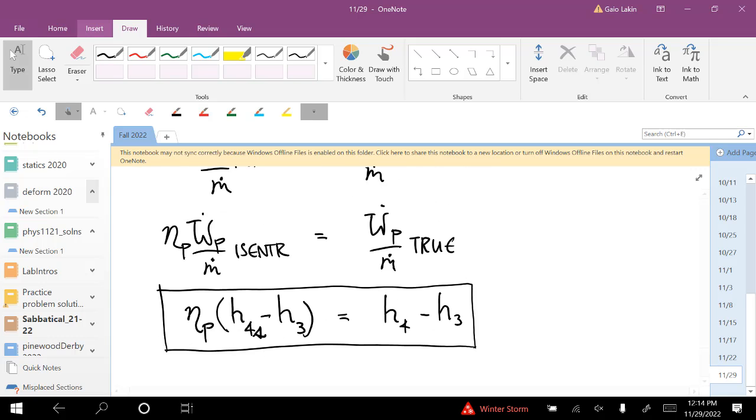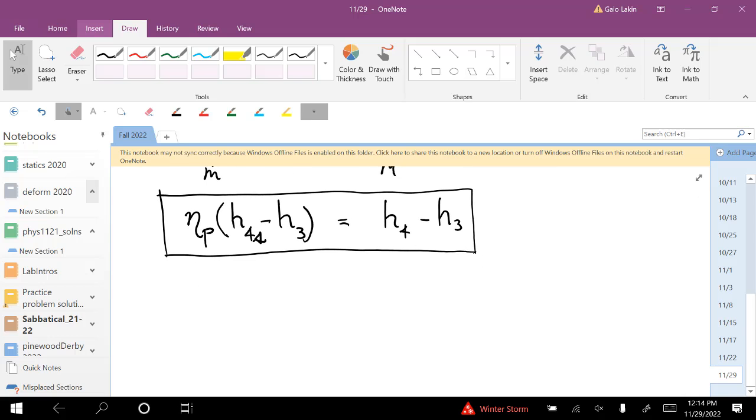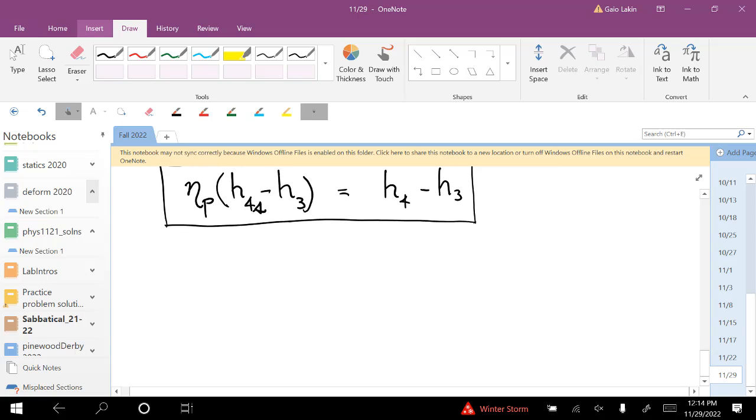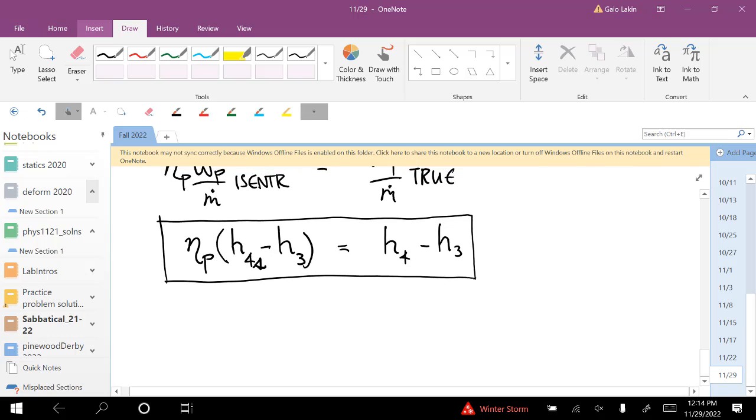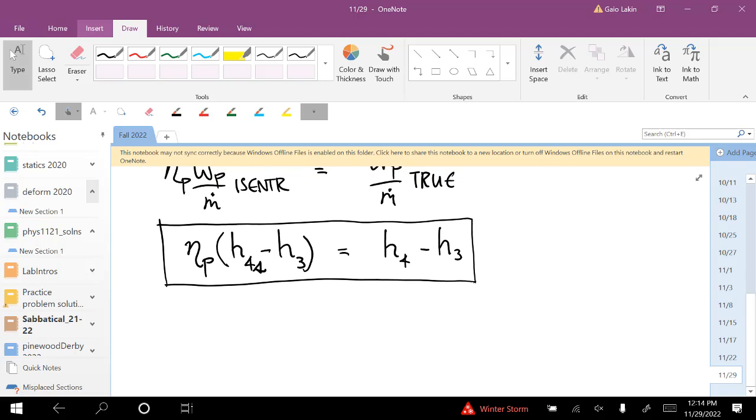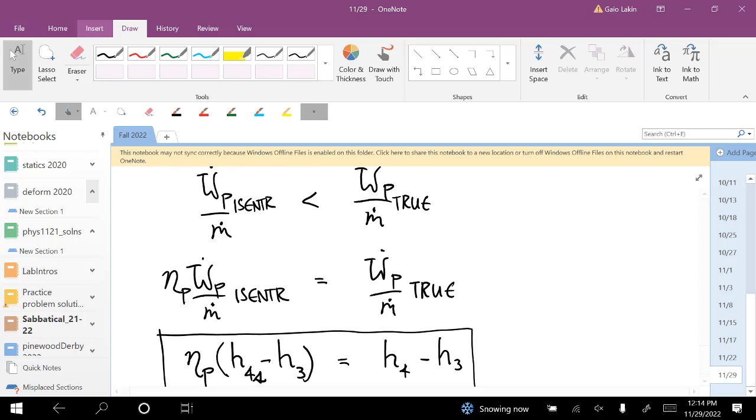All right, so let's draw the efficiency times equal to the isentropic. The efficiency, did I do that backwards?